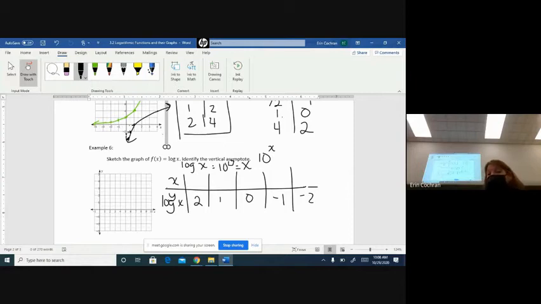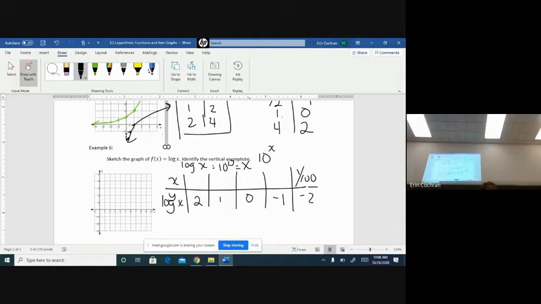If I look at 10 to the -2nd power, what is my x? In this case, I'm not even using a calculator, although you could. What is 10 to the -2nd power? 1 over 100, right?